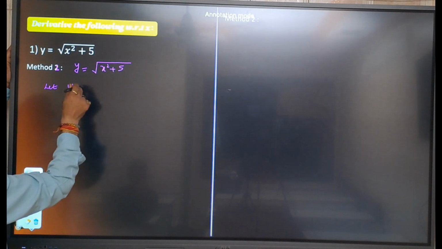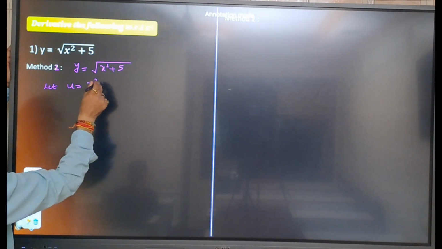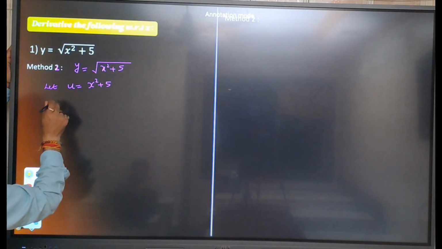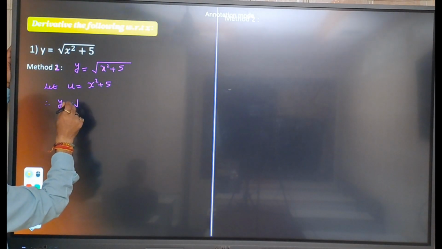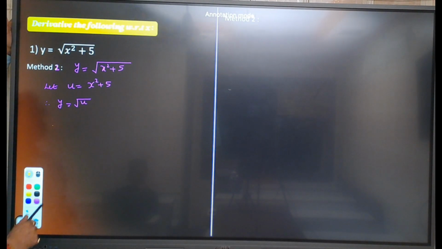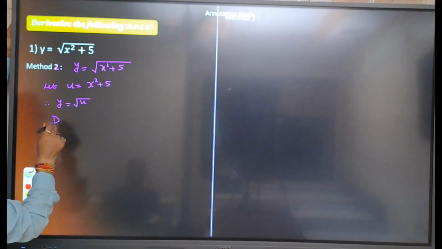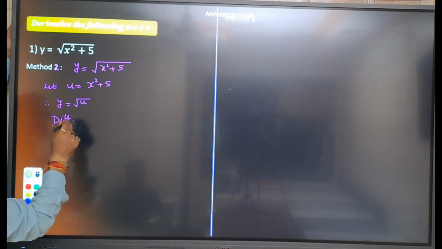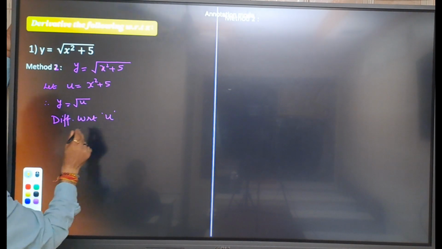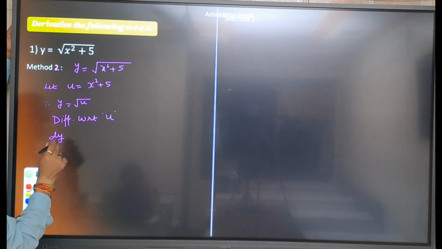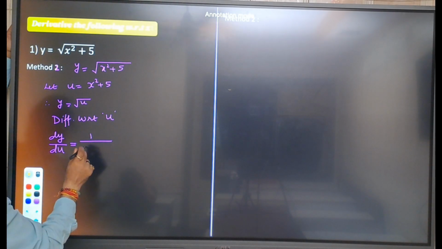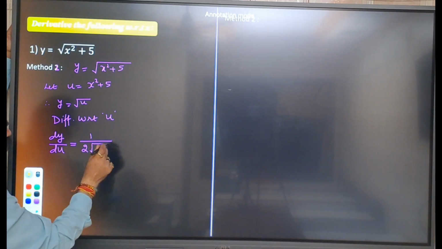Let u be what? x square plus 5. So y will become root u. Now y is a function of u. So differentiating with respect to u, derivative of y with respect to u is what? 1 upon 2 root u.